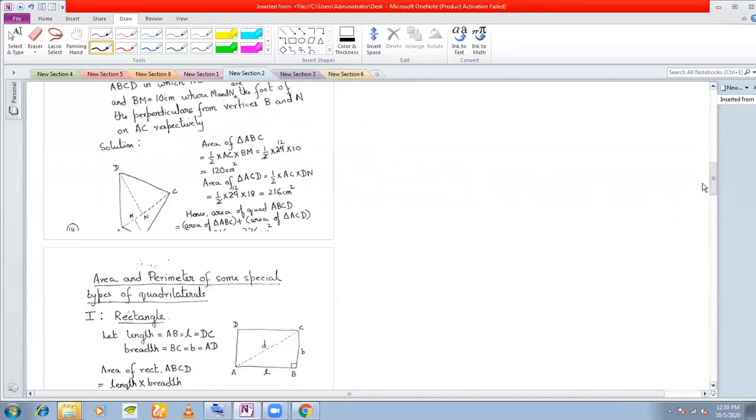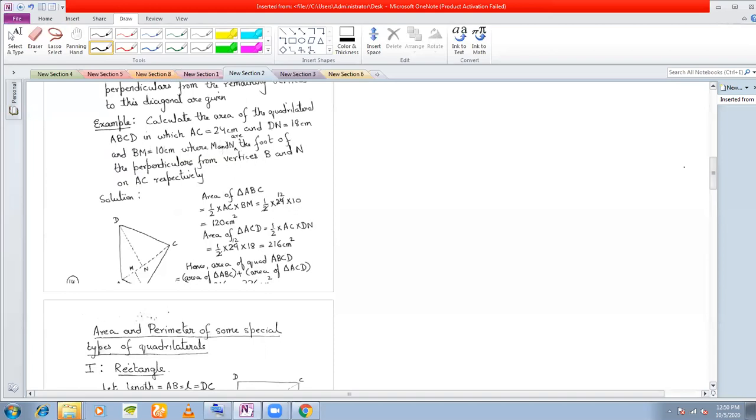If you see this quadrilateral, if you see these perpendiculars, ABCD is a quadrilateral here in this example, and one diagonal is given, AC diagonal is given, and the lengths of the perpendiculars on the diagonal are given. Okay, so here what all is given? This length AC is given to be 24.